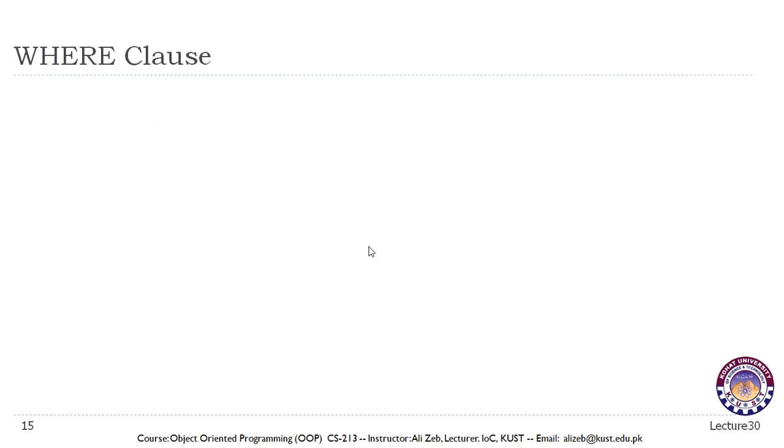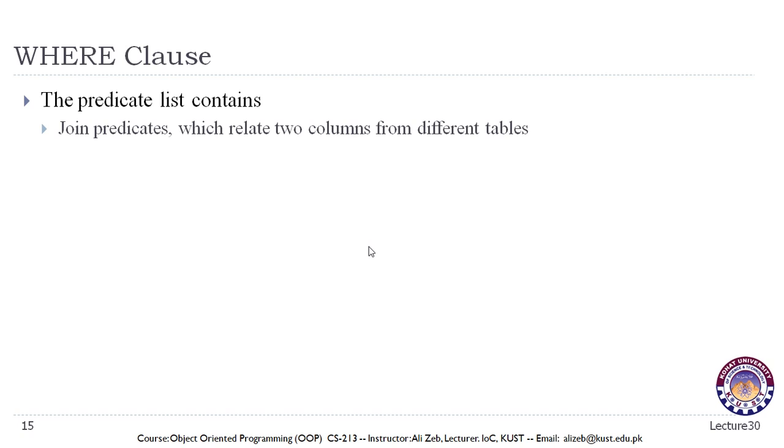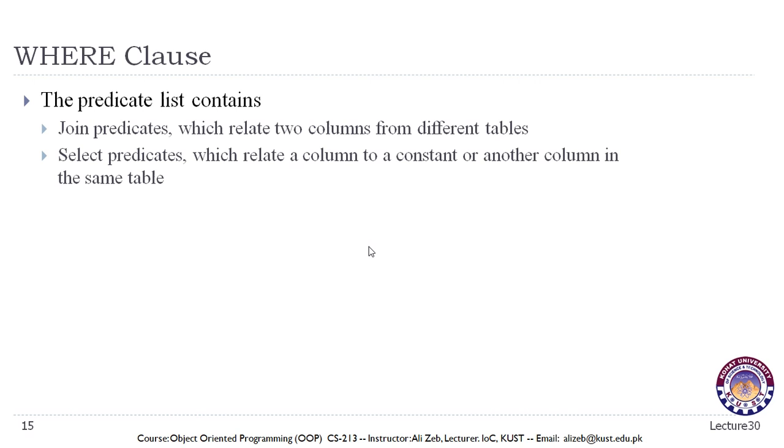Then there is the where clause. The predicate list contains join predicates, which relate columns from different tables, and select predicates, which relate a column to a constant or to another column in the same table.